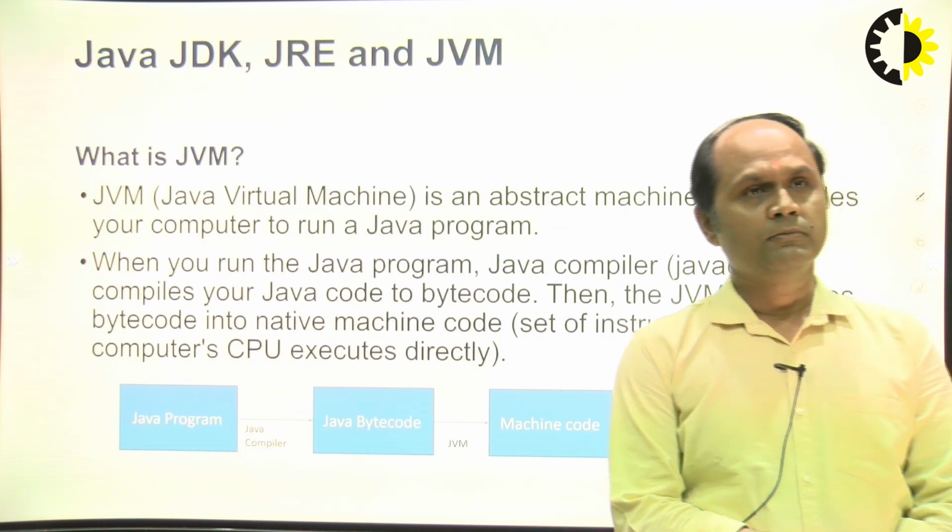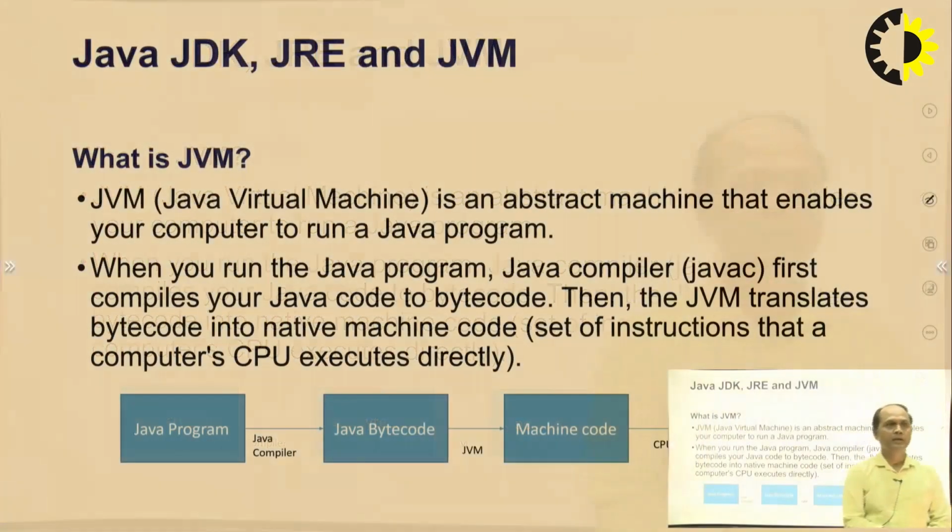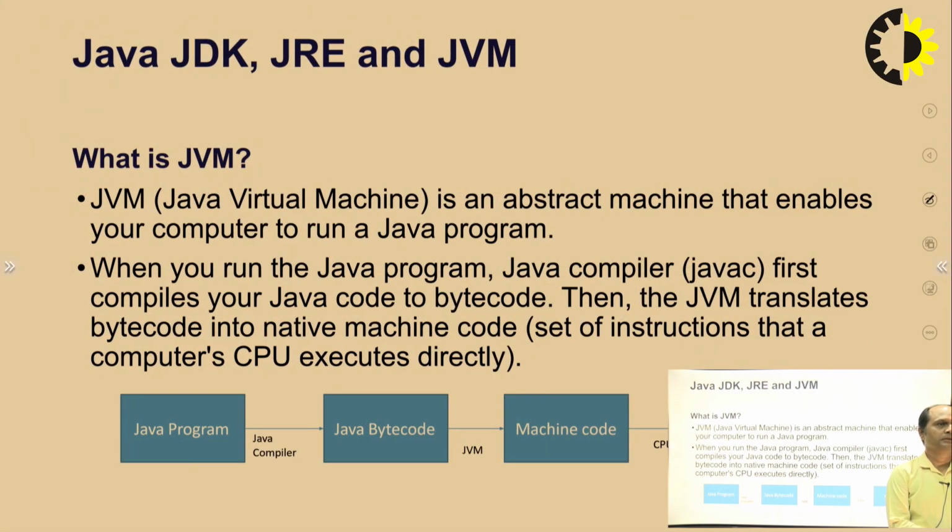In a Java program, we use the JDK, JRE and JVM. What are these and how do we run our Java program on a JVM? First of all, let's discuss the JVM. JVM means Java Virtual Machine. It is an abstract machine that enables your computer to run a Java program.